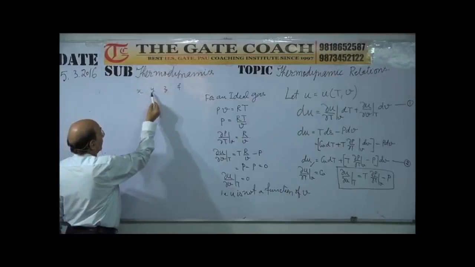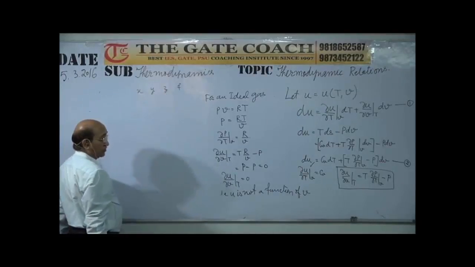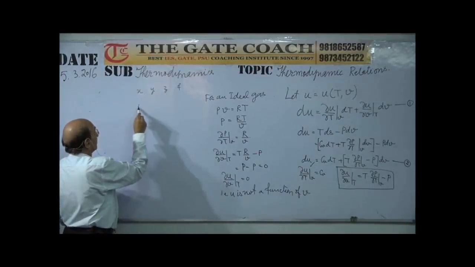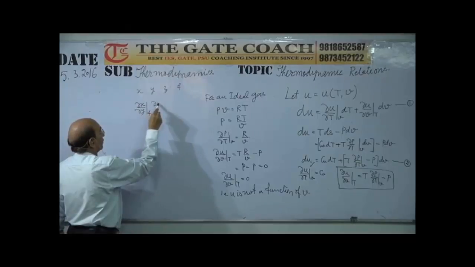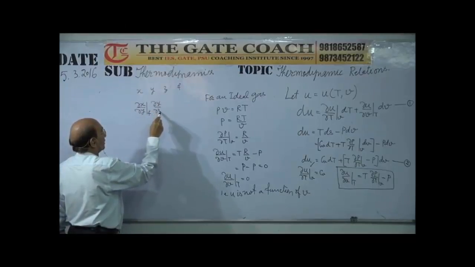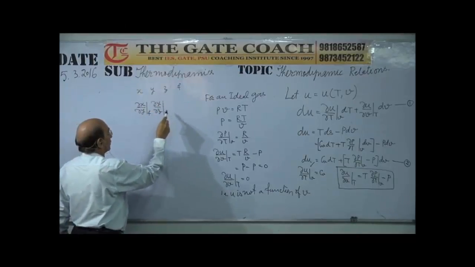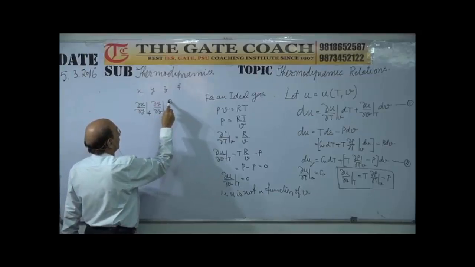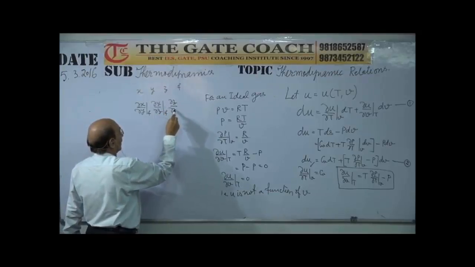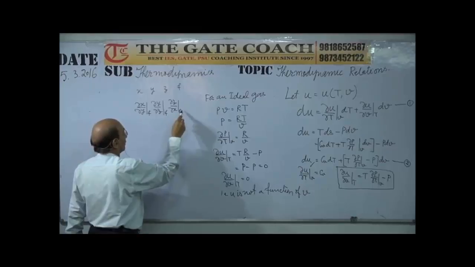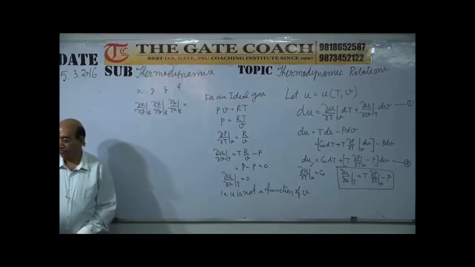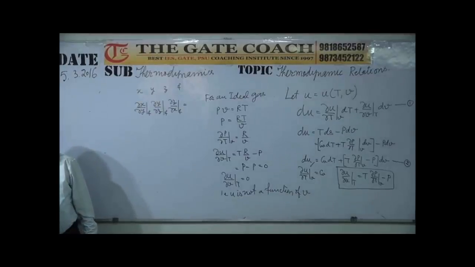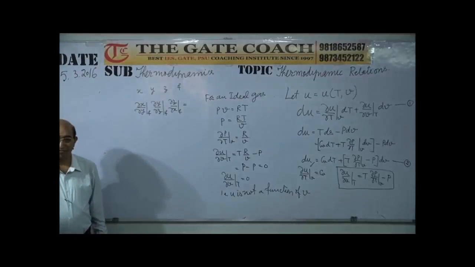Let me rotate the 3 keeping the 4th constant. That means del x by del y keeping f constant into del y by del z keeping f constant into del z by del x keeping f constant, this should be equal to what?